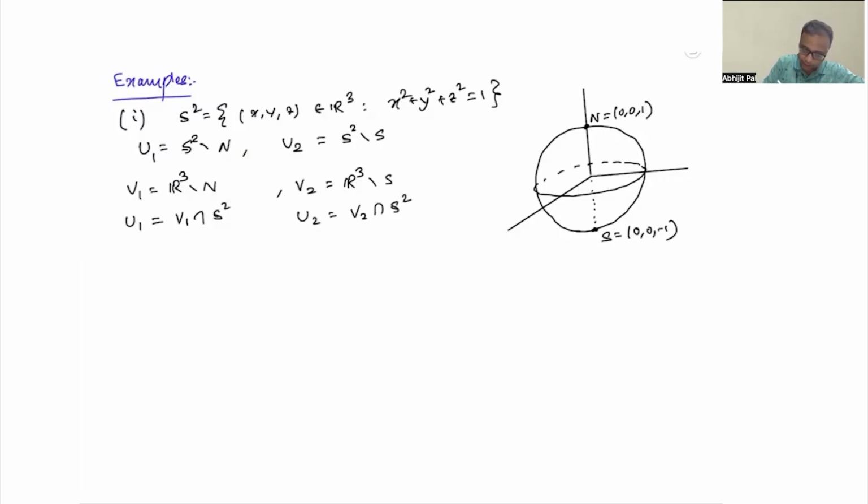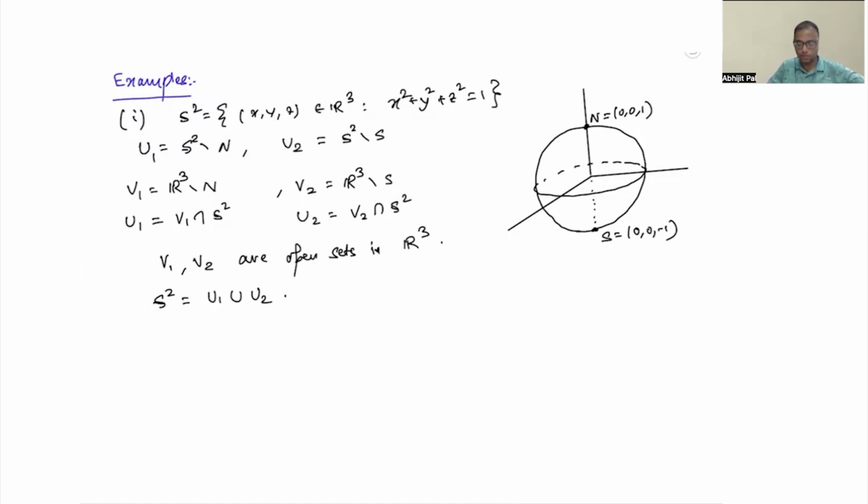These B1 and B2 are open sets in R3. Also observe that S2 is equal to U1 union U2.